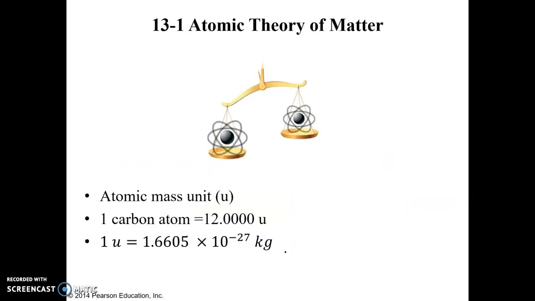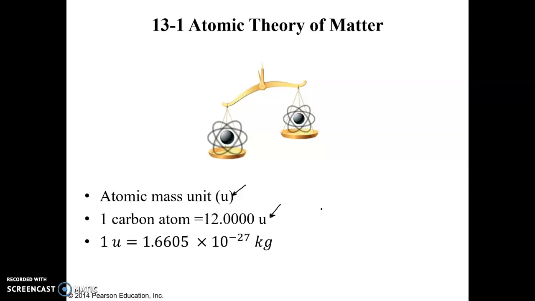Okay, so let's circle back around to the atomic mass unit, and we'll look at an example problem here. Again, we use the atomic mass unit U to measure the mass of an atom, and it's based on the carbon-12 atom.